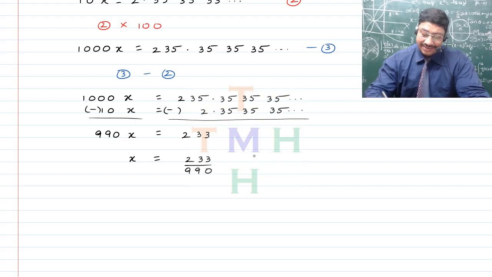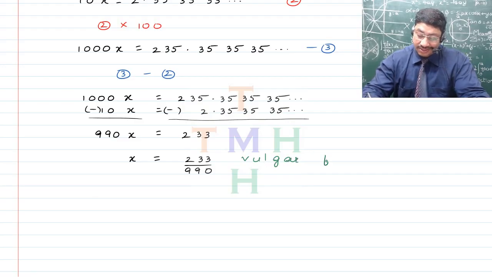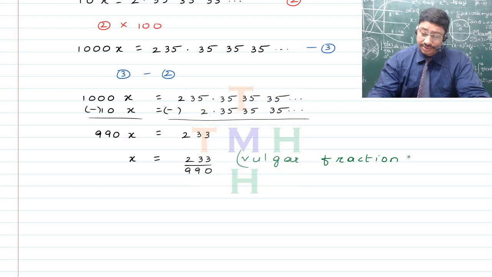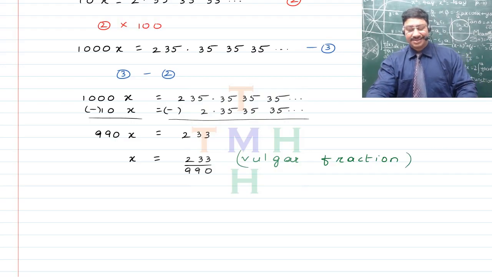There might be certain times when there are some factors you can't find, so it doesn't matter, you can just leave it as it is. So this then becomes the vulgar fraction, as you followed all the steps, right? And if you see a common factor, then obviously you can cancel it off.